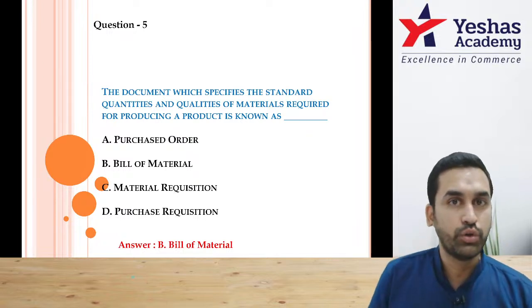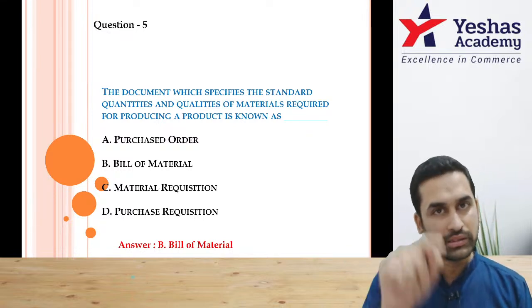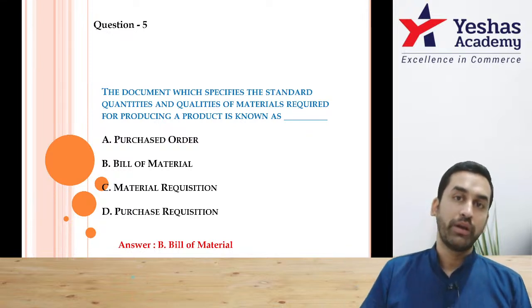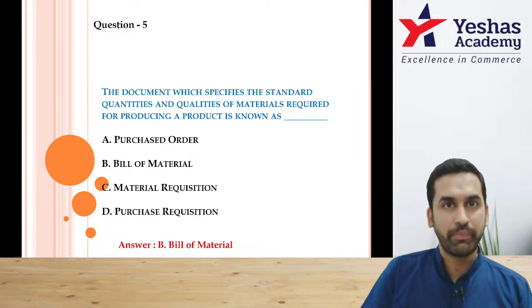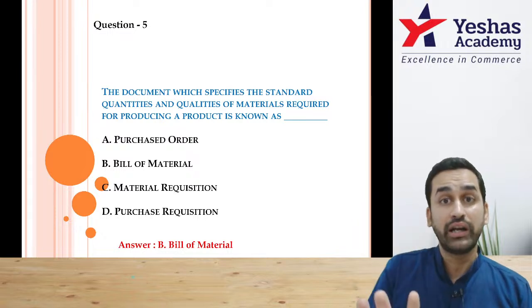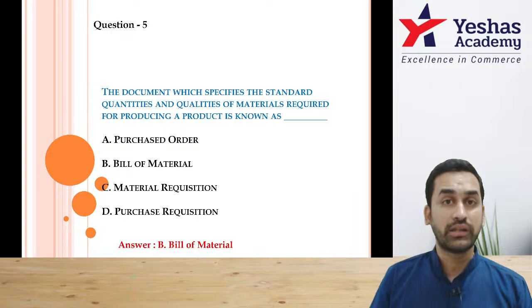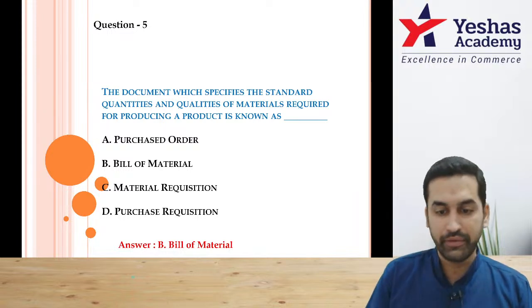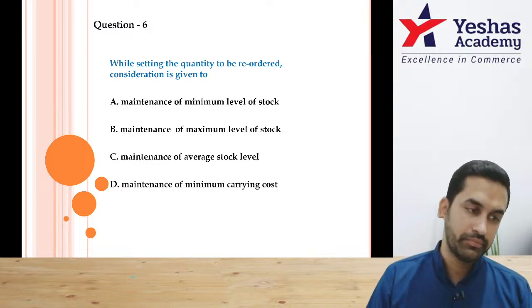And in exam, if they ask you which is the document which is circulated among all departments, then tick bill of material, because even costing department needs it, purchase department needs it, production department, stores department, engineering department, everybody requires bill of material. It's like a master document. Everybody will refer to BOM, bill of material.